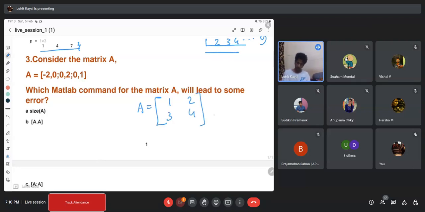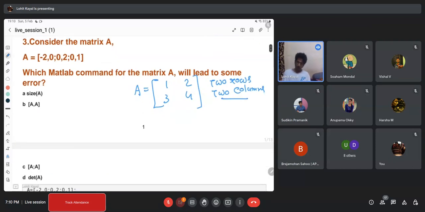It has 2 rows and 2 columns. Now how to write it in MATLAB? We can write it in this way: 1, comma 2, semicolon 3, comma 4.